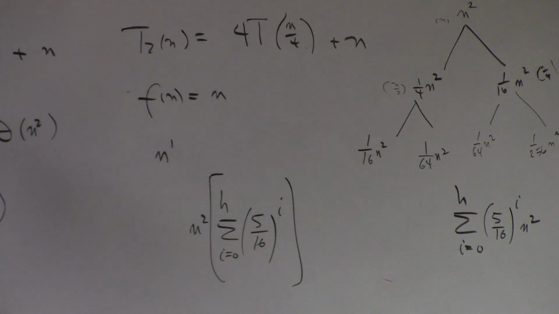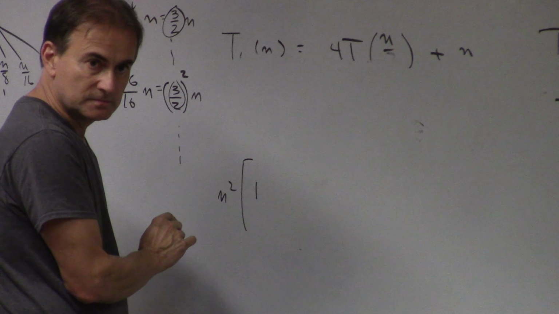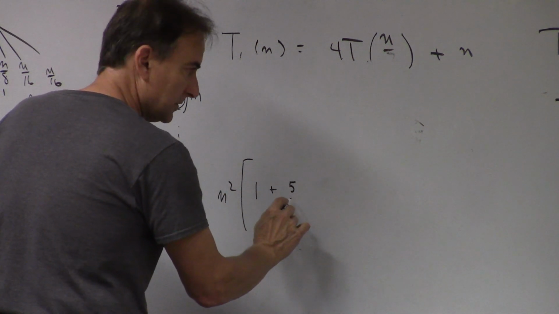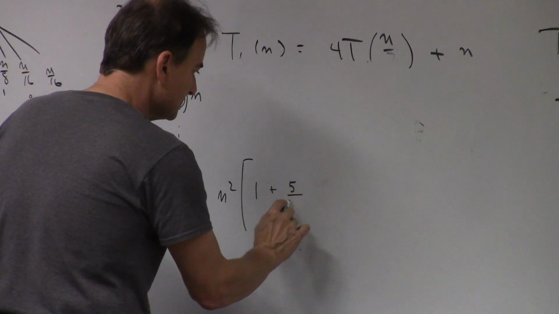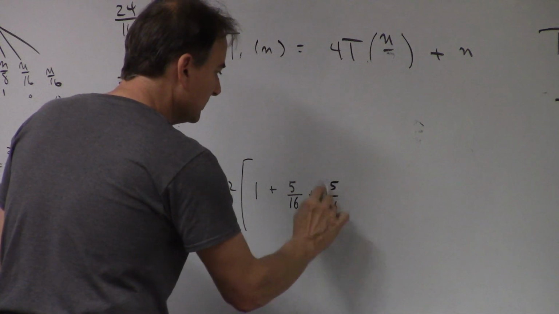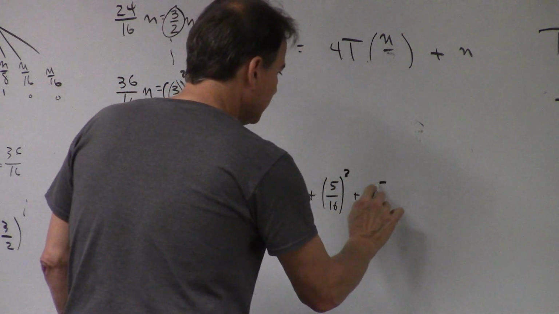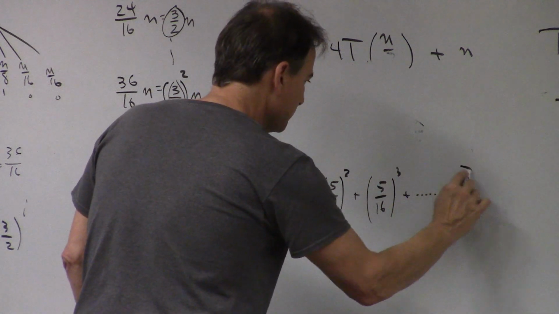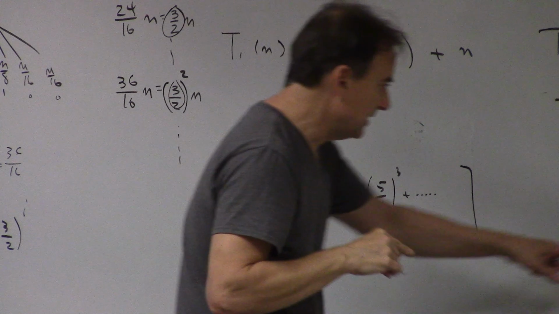Now, this summation can be expanded into its terms. If we do that, then we're going to have n squared times 1 as the first term, plus 5 over 16, plus 5 over 16 squared, plus 5 over 16 cubed, etc., until we reach the value of h.